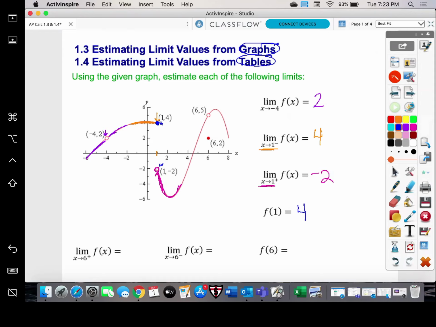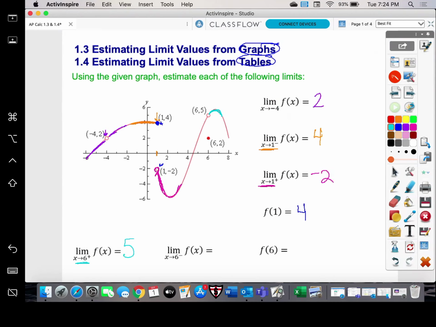We have a couple more limits to look at. This time we're going to approach 6 from the left and from the right. So from the right is first here on the left. Coming at 6 from the right, we get close to that y value of 5.